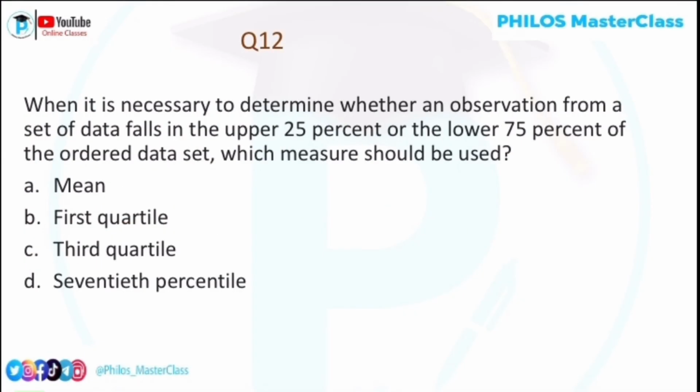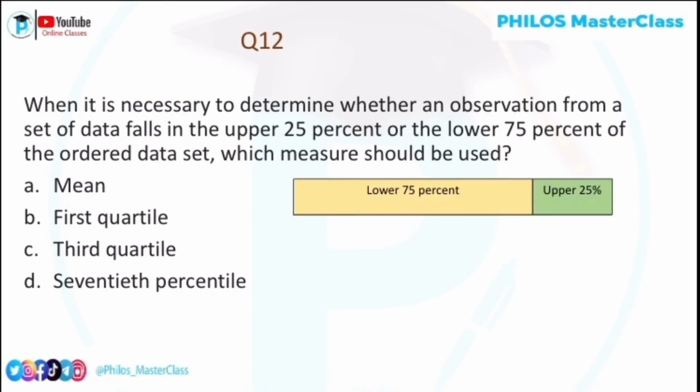This question says, when it is necessary to determine whether an observation from a set of data falls in the upper 25% or the lower 75% of the ordered data set, which measure should be used? To understand this question, let me draw this for you. Now look at this. This is the upper 25%.